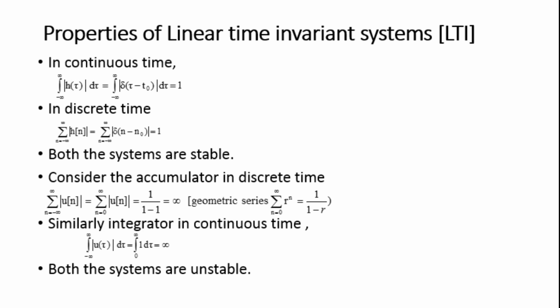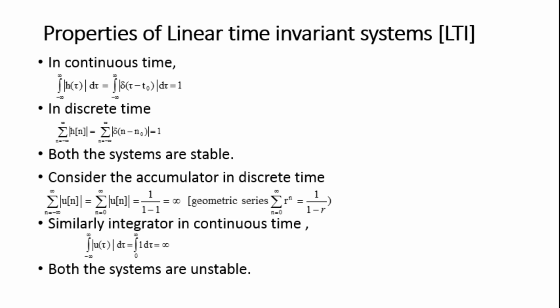Consider the accumulator in discrete time. The summation n equals minus infinity to infinity |u[n]| is equal to the summation n equals 0 to infinity |u[n]|, which is equal to 1 by (1 minus 1), which is equal to infinity.